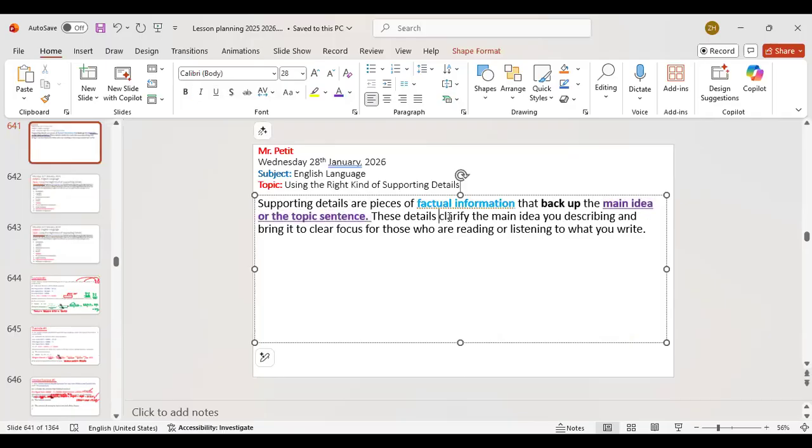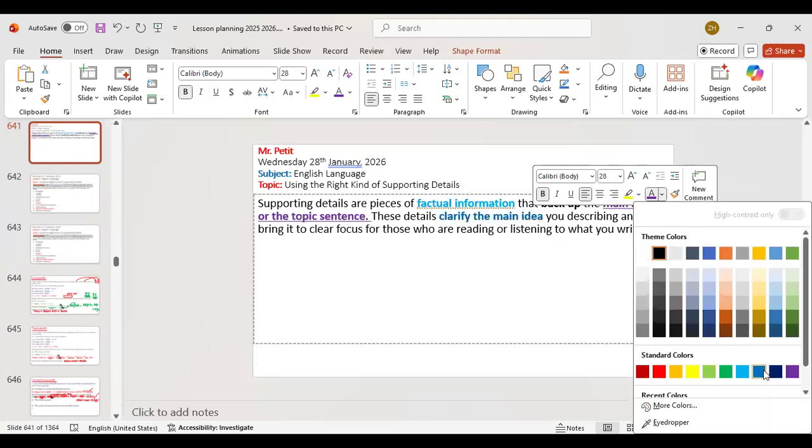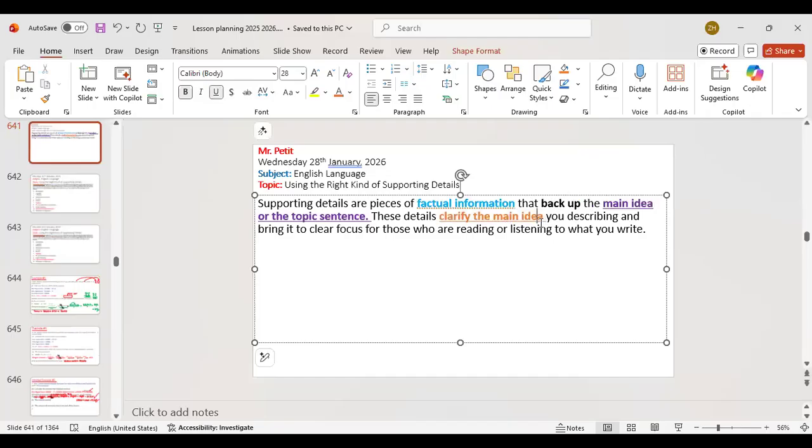These details clarify the main idea. So they clarify the main idea. Okay, good. So what do the supporting details back up?